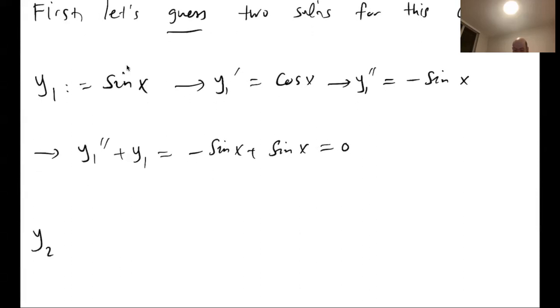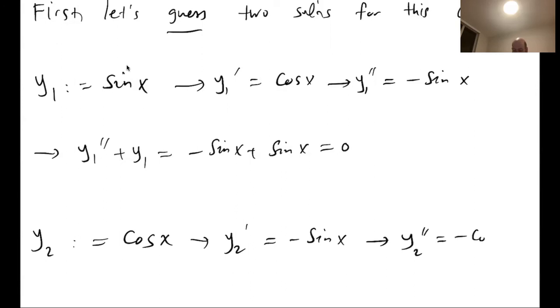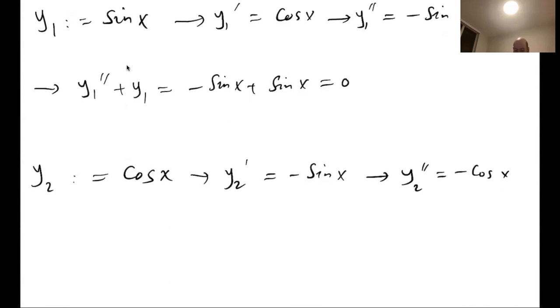And similarly for y2, let's consider it as cos x, then y2 prime, the derivative of cos x, is minus sine x. And the second derivative of y2, which is the derivative of minus sine x, will be minus cos x. So y2 double prime plus y2 will be 0.